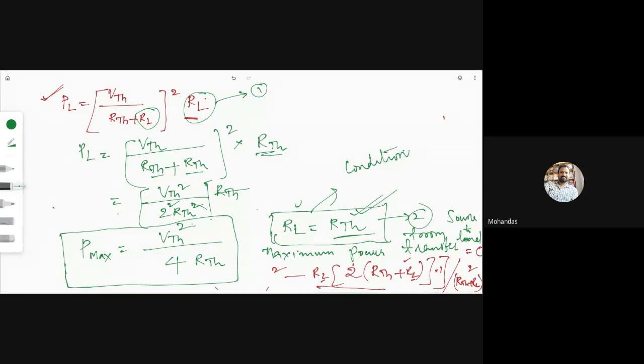How much power is flowing from source to load? This equation number 3 can be used to calculate the maximum power. So all of you note down, substitute RL equal to R Thevenin to get the maximum power. This is the maximum power value.